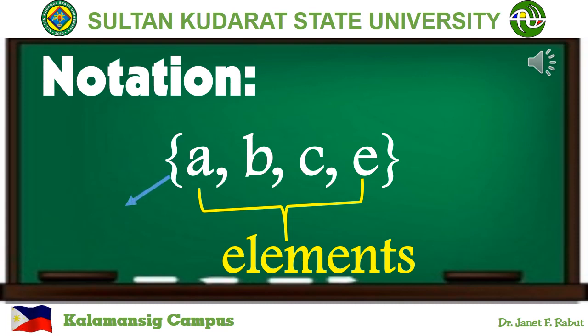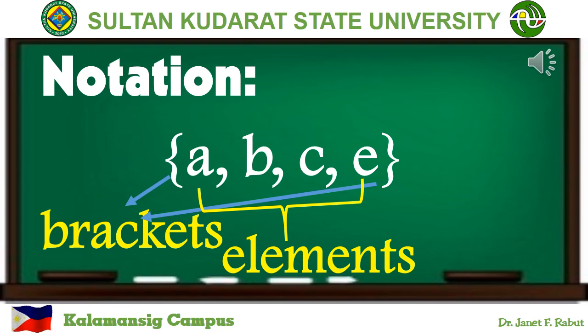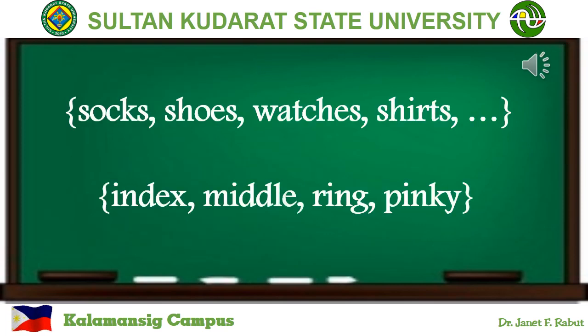And this symbol is the braces. This is the notation for the two previous examples. Notice how these examples are written. The first one has 3 dots together called ellipses, meaning there are more elements in that set. The second set has index, middle, ring, pinky, meaning it has an exact number of elements.